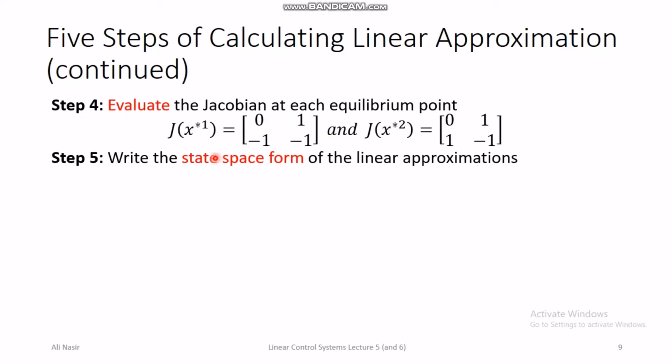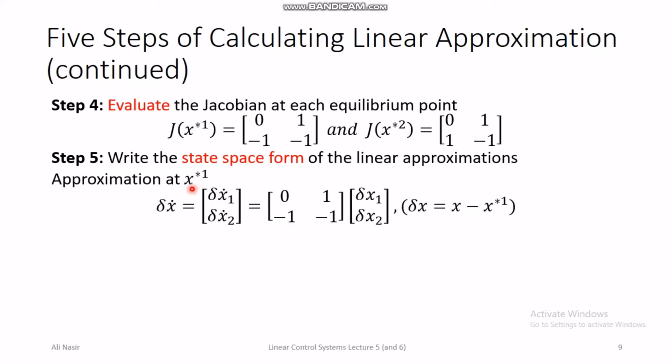And finally, step 5 is to write the state space form of the linear approximation. So at the first equilibrium point, delta x dot, which is delta x1 dot and delta x2 dot, is equal to the A matrix times x. So this is x dot equals A into x, where A is the matrix of coefficients. Here I have represented this linear approximation state as delta x instead of x.